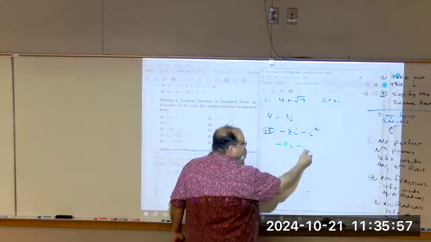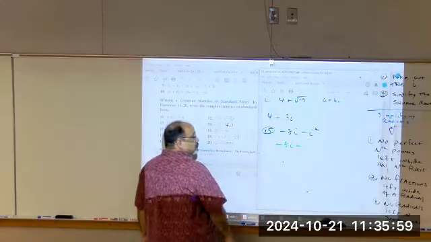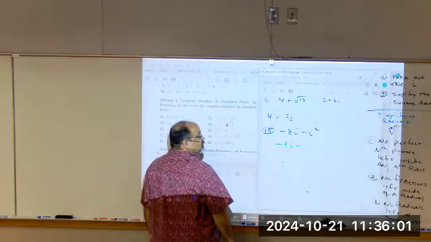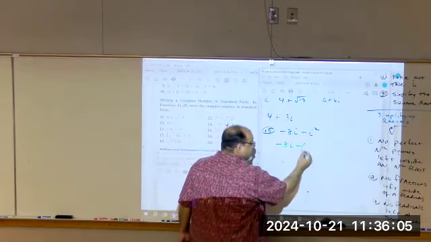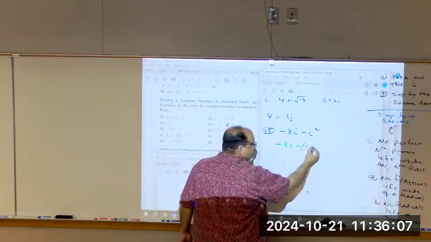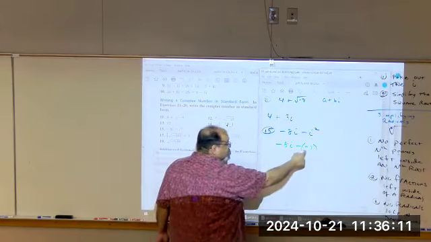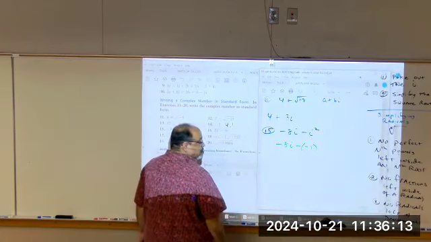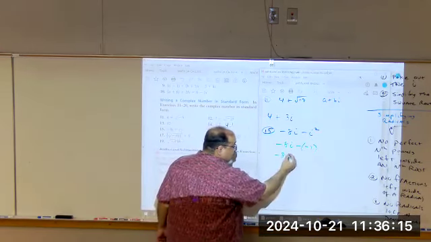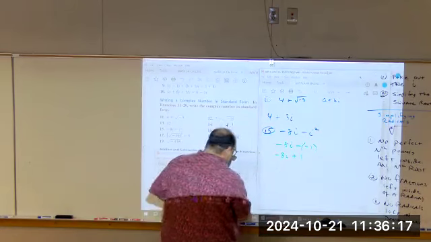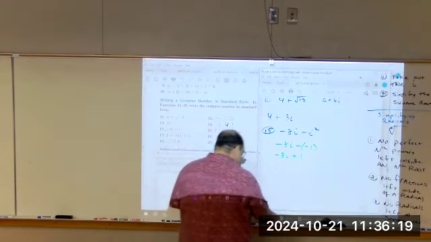8i minus, what is i squared? We have just made it negative 1. So it's minus, and then parentheses, the answer to this is a negative 1. What happens when you subtract the negative 1? So it's negative 8i. Now we have a plus 1, but they want it written in standard form.